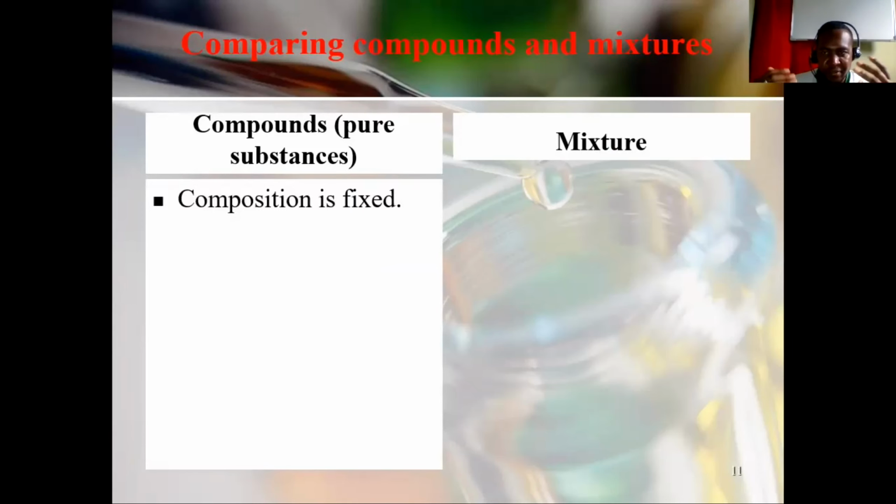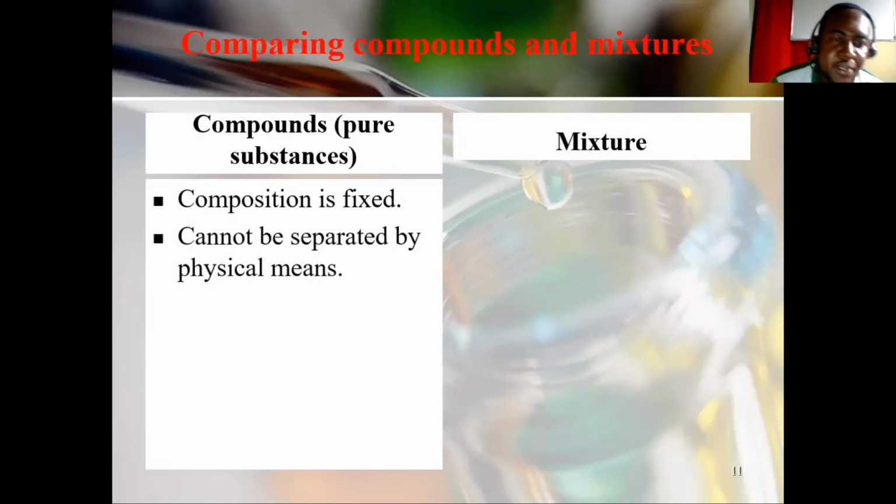It doesn't matter if you have 20 Na and 20 Cl, it's just going to use one Na and one Cl to actually make the salt. All right, compounds cannot be separated by physical means, so we cannot separate Na from Cl by using any of our separating techniques that we're going to look at soon.